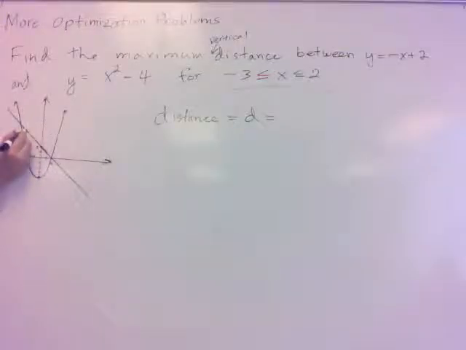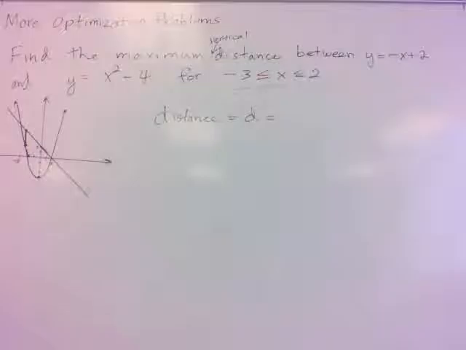What I'm talking about is I'm going between vertically, just straight up and down, between these two graphs. I'm looking at that distance, okay? I'm looking at the distance from that line down to the parabola. That's the distance I'm talking about, the vertical distance.